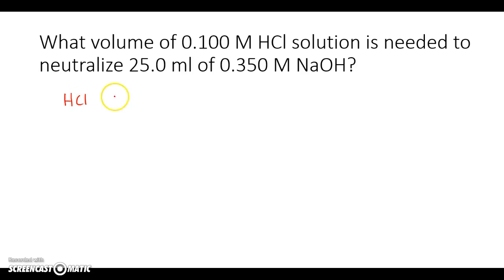So we have HCl plus NaOH, and we need to get the products, because we recognize it's an acid and a base. We know that water is going to be one of the products, and then the other is NaCl. So let's see if we need to balance it. It looks like it's completely balanced already.